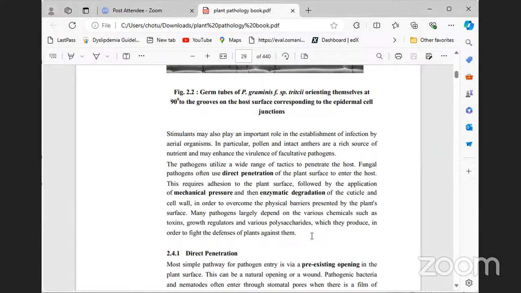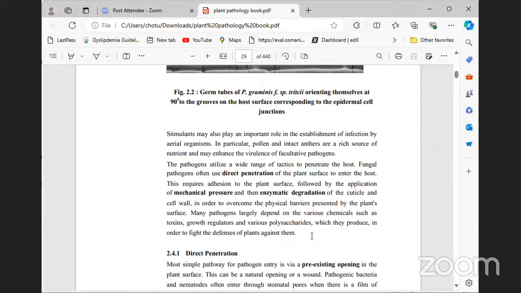In particular, pollen and intact anthers are a rich source of nutrients and may enhance the virulence of facultative pathogens. Pathogens employ a wide range of tactics to penetrate the host.